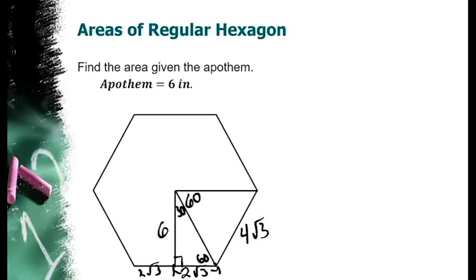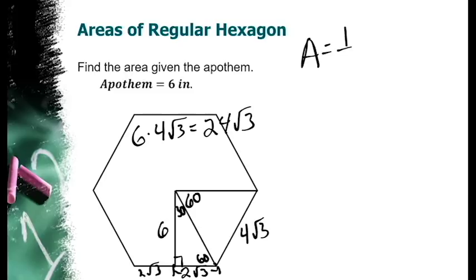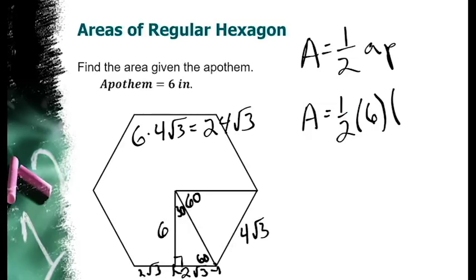And our perimeter would be 6 times the side length, which is 4 root 3. 6 times 4 root 3 is 24 root 3. So area is 1/2 apothem times perimeter. Our apothem we knew was 6. We started off with that. Our perimeter is 24 root 3.